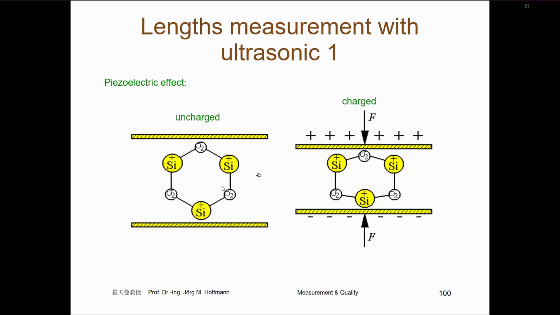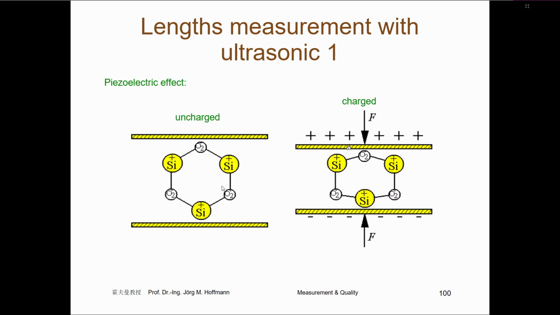You put it in a magnetic field so that they all have the same direction, and then you cool it down. Or when you have silicon dioxide, you can make it with the process of semiconductor production, where also all molecules have the same direction.